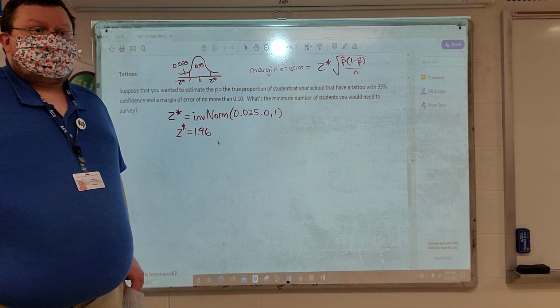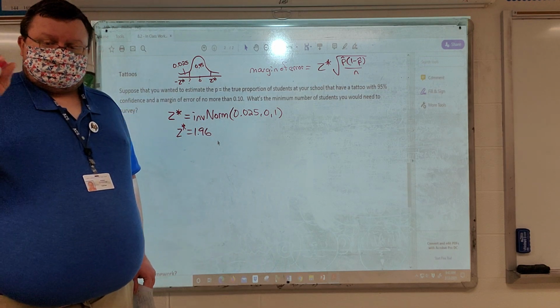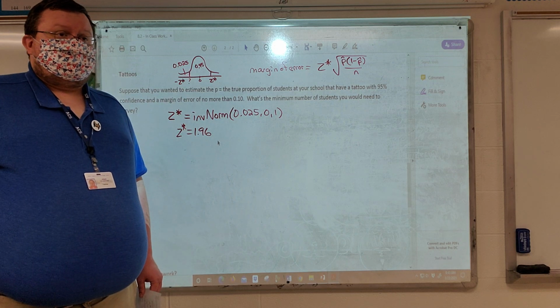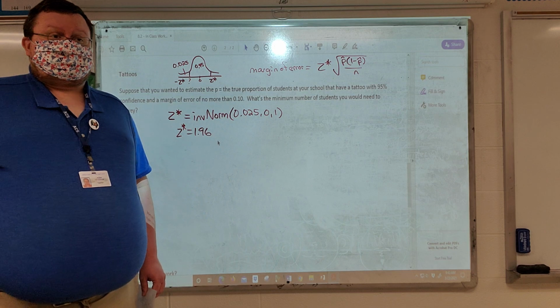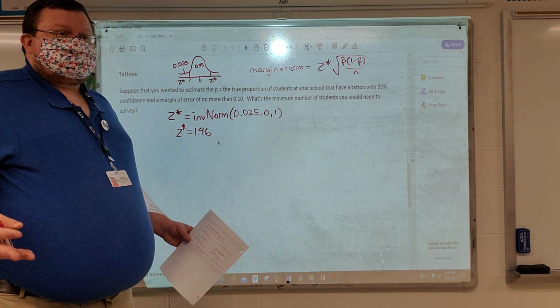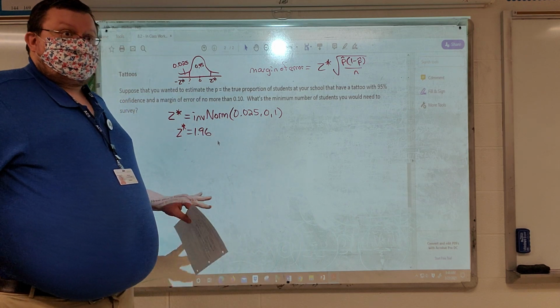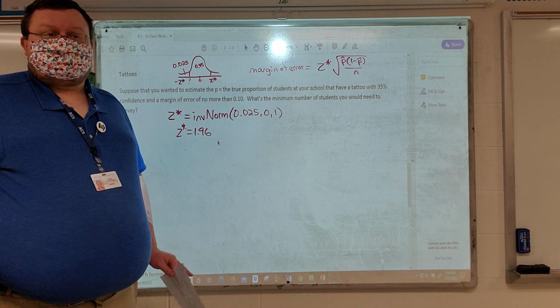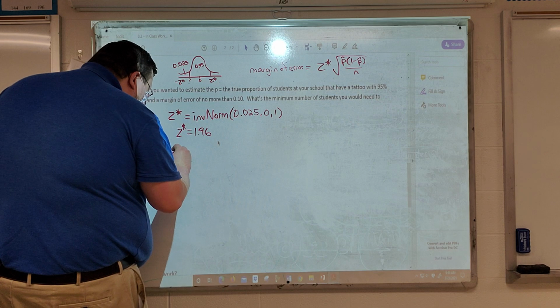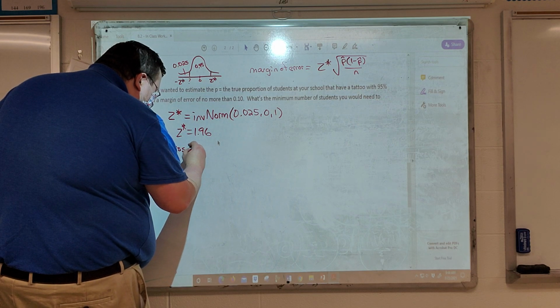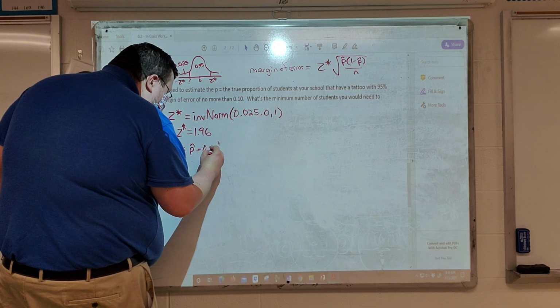If you don't know P or know anything about P, guess 0.5. But if you have some previous information, then you use that previous information. It'll be obvious in the problem. You'll either have something or you won't. I think it'll be kind of obvious. So we're gonna guess p hat to equal 0.5.